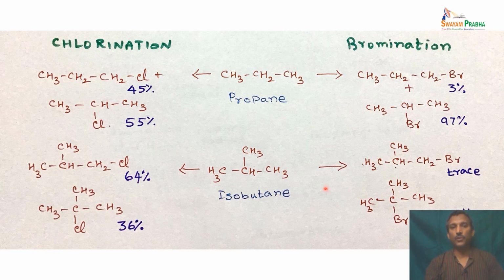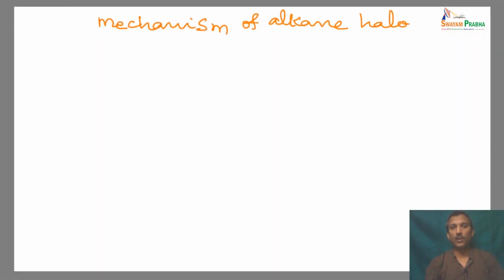Now we will have to see why or how this particular difference happens when we run the chlorination reaction or bromination reaction. So let us look at the mechanism of alkane halogenation.